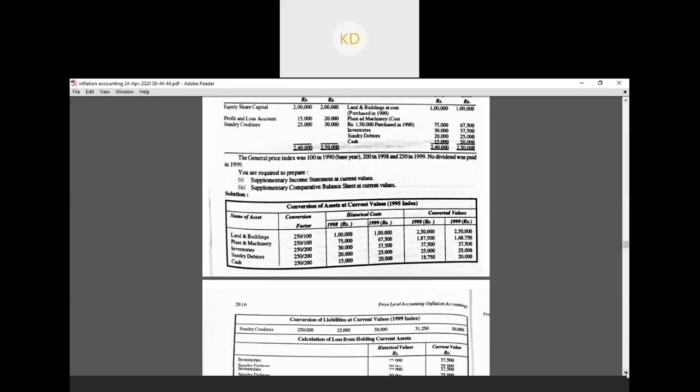Now I will be calculating the monetary gain or monetary loss on my current assets and current liabilities. First, on current liabilities, I have monetary gain.